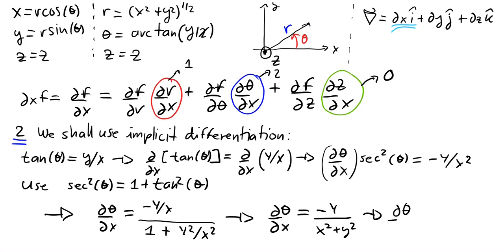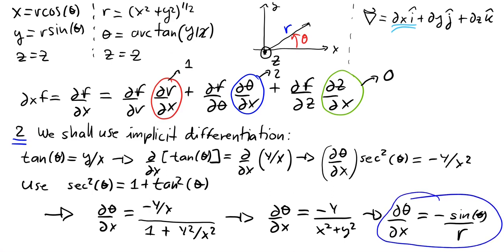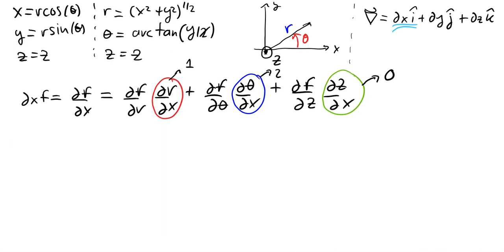Thus, replacing the Cartesian variables by the cylindrical variables, we get that the partial derivative of theta with respect to x is the negative sine of theta divided by r. Thus, if we replace what we found and do the same for the partial derivatives of y and z, we get the following expressions.